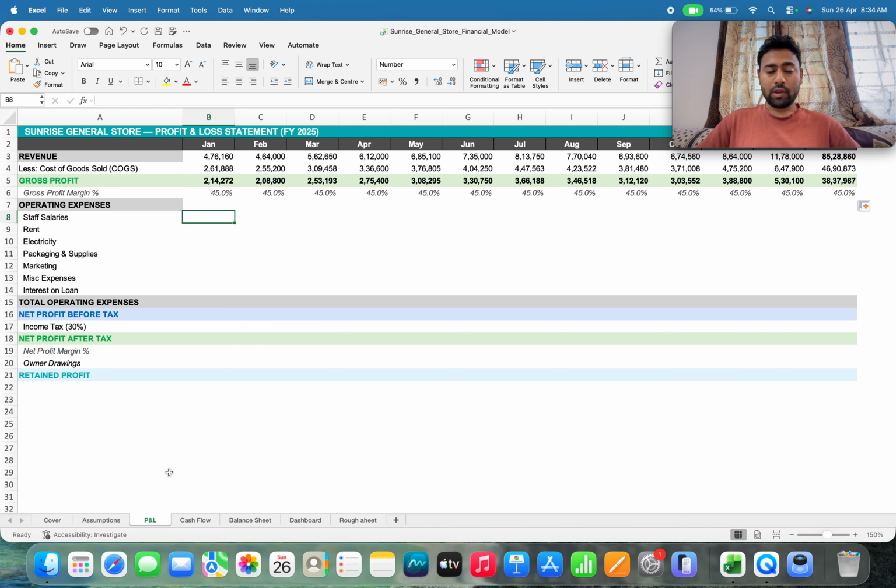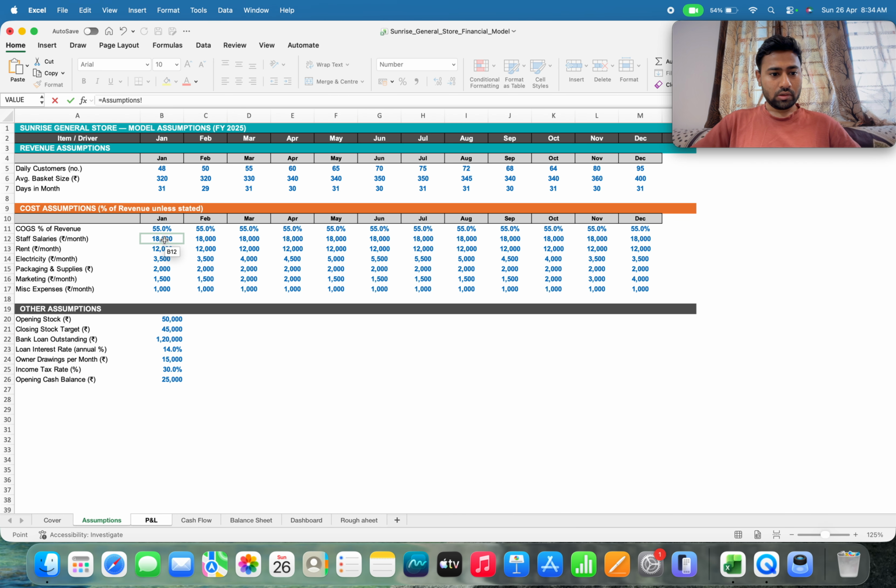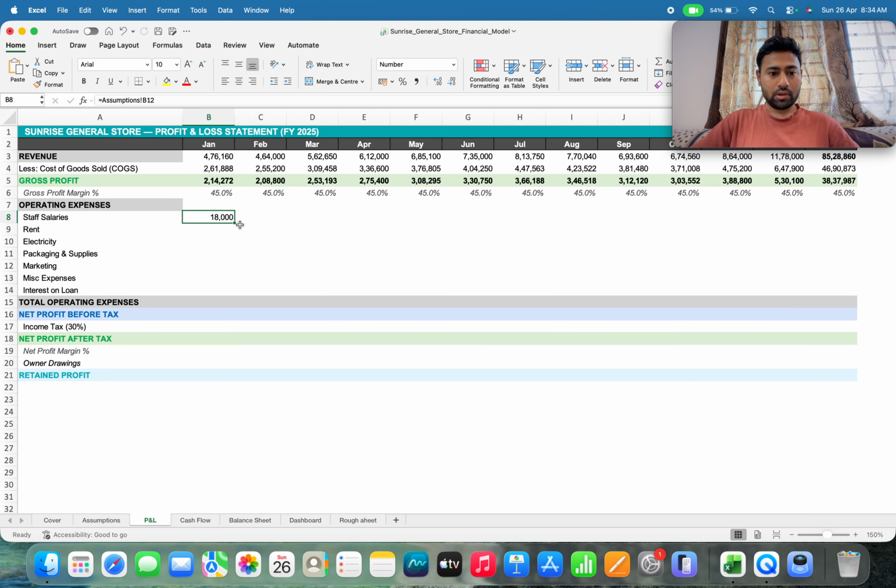So again we will connect this from the assumption sheet. This assumption sheet, staff salary. Enter. We got the staff salary.